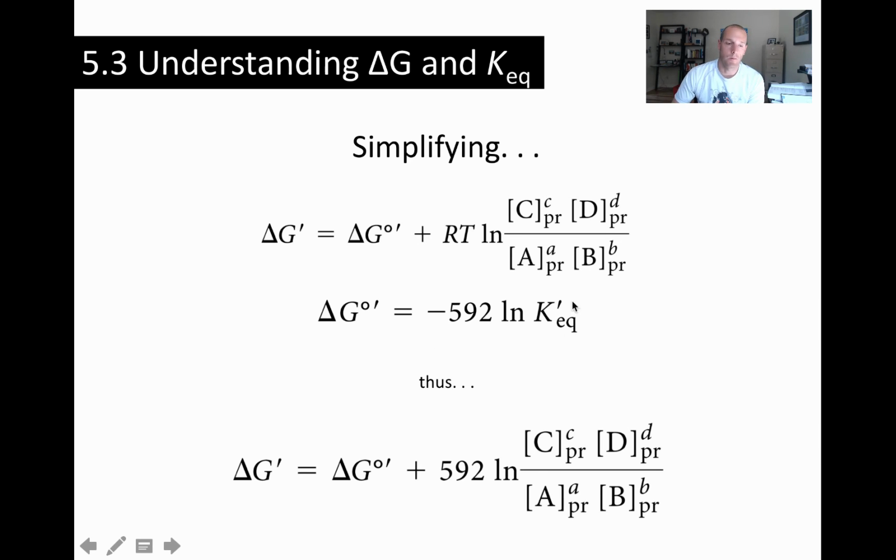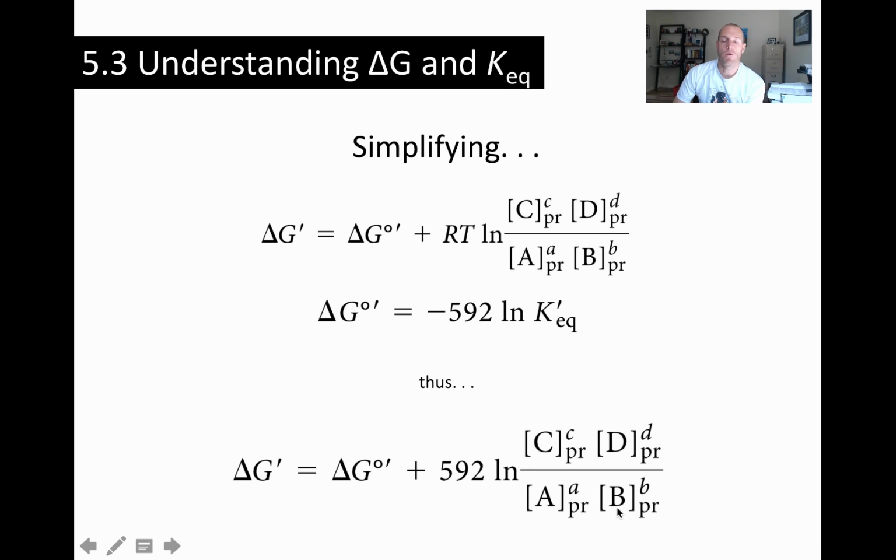So if you start to do all these substitutions, you end up with this equation down here. So delta G under prevailing conditions in the cell is the standard free energy change plus 592 times the natural log of the prevailing concentrations of the products over the prevailing concentrations of the substrates.